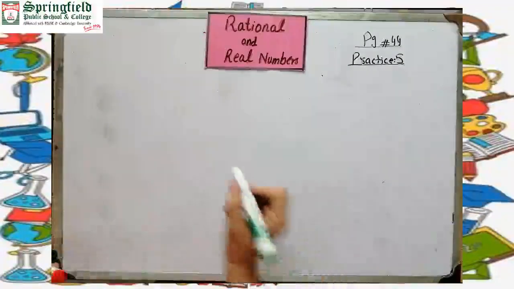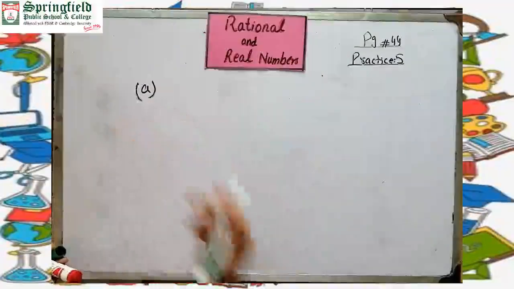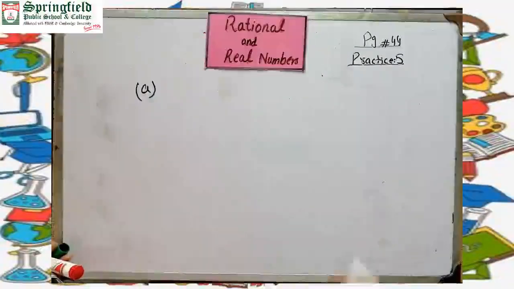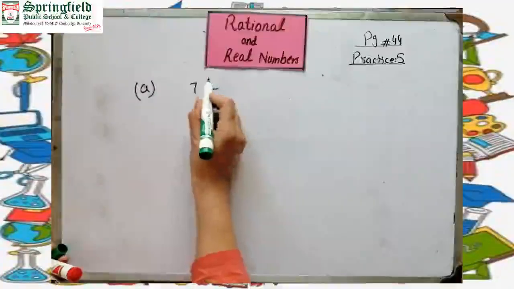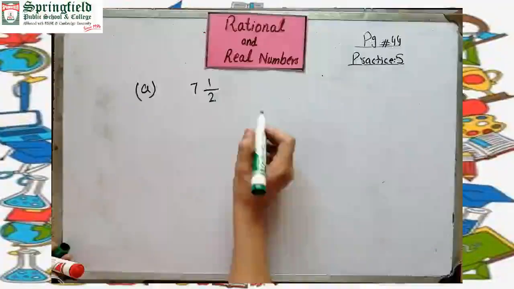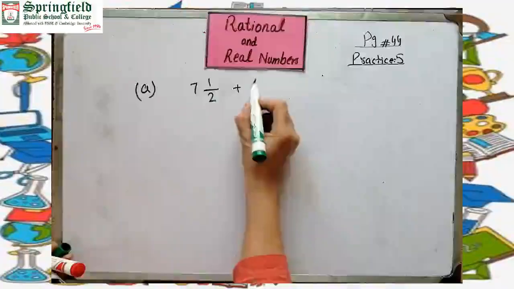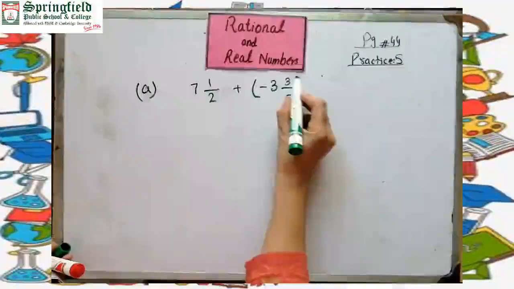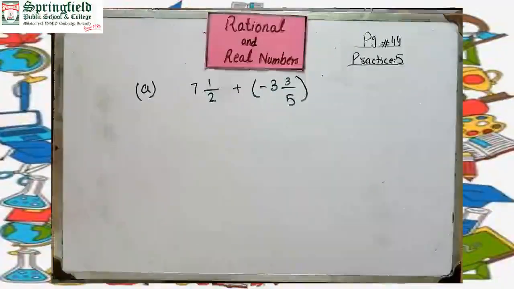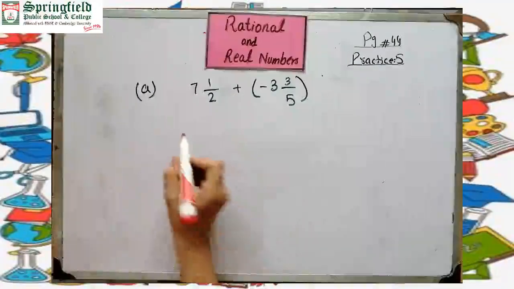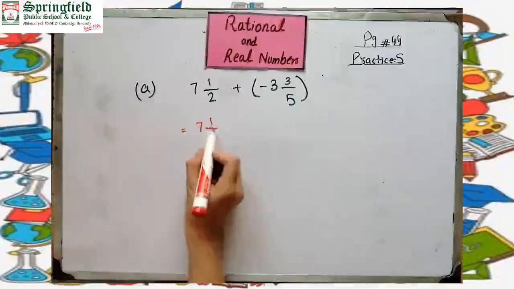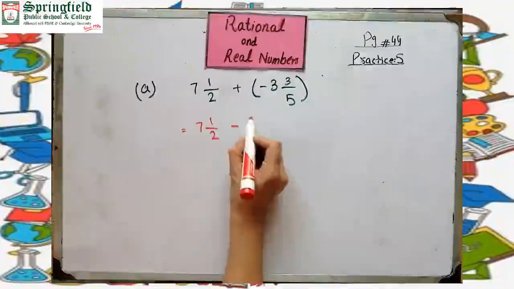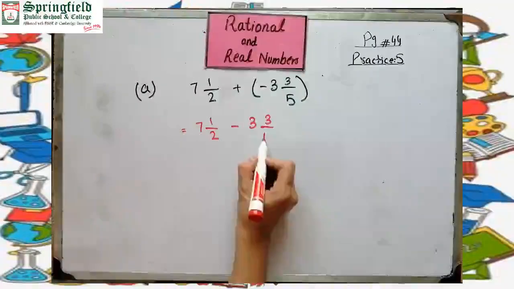A part is 7 whole 1 by 2 plus, bracket, minus 3 whole 3 by 5, close the bracket. Now beta, first we will open the bracket: 7 whole 1 by 2 plus minus minus 3 whole 3 by 5.